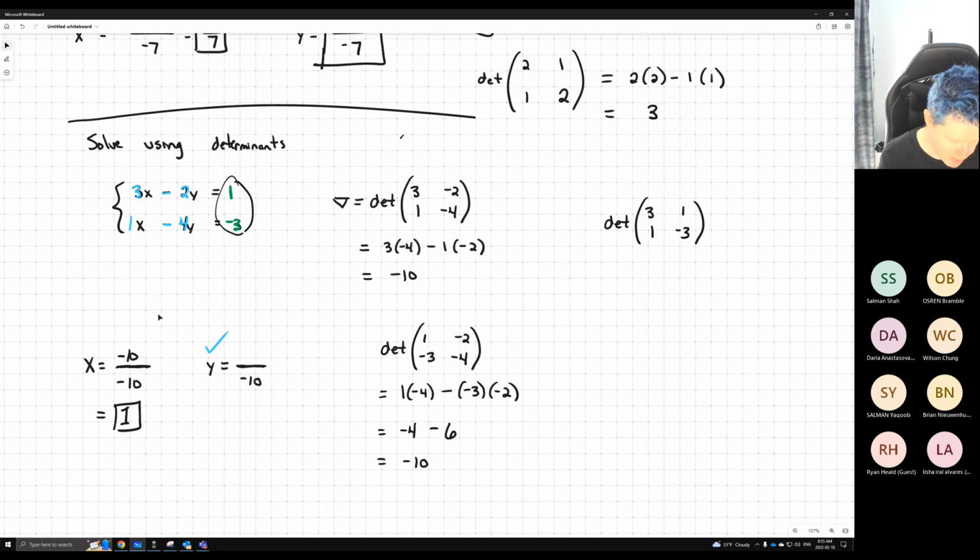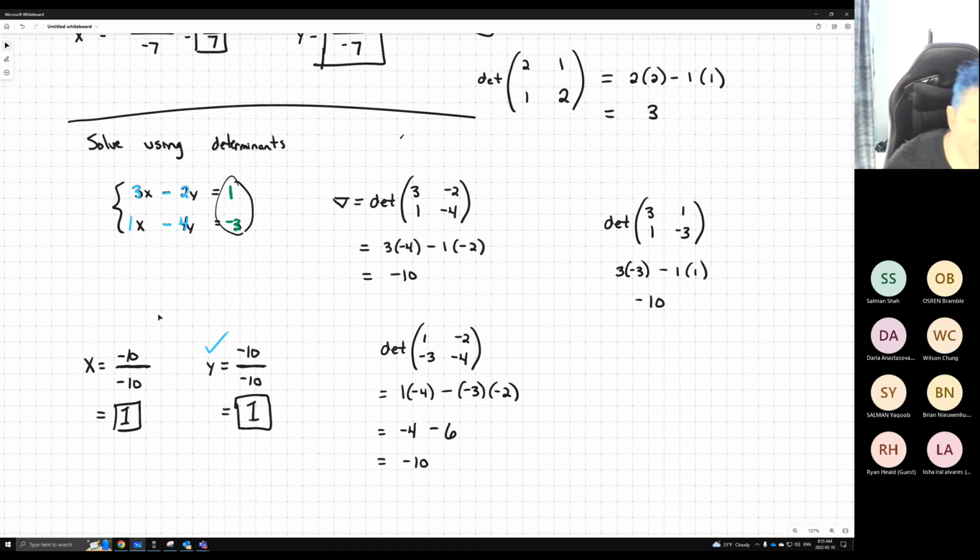And I'm going to compute the determinant. So that gives me -9 minus 1 is -10 again. Interesting. So apparently my solution, or the intersection point, is at the coordinates 1, 1.